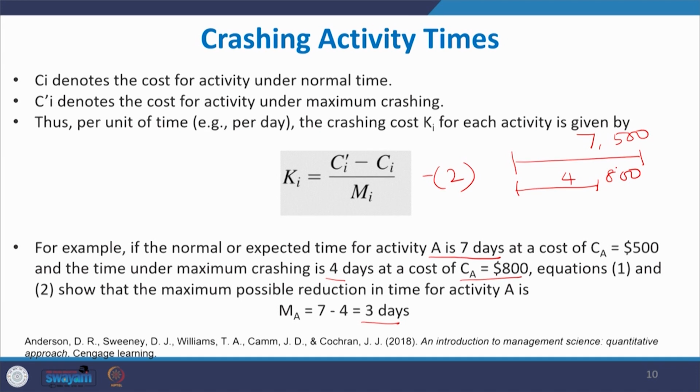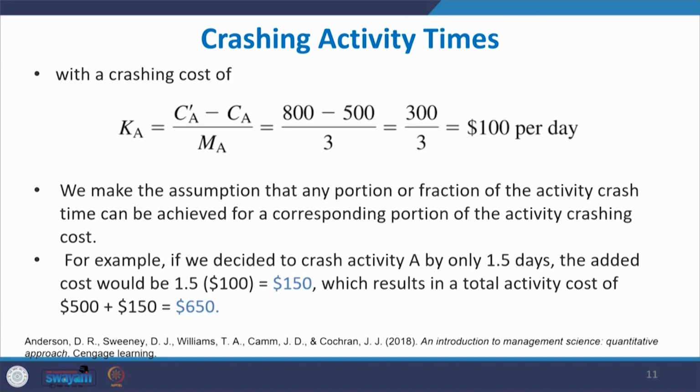So, first I am finding how much time we can crash it, that is 7 minus 4 is 3, and I am going to find out the per day crashing cost. So, Ka represents the per day crashing cost.